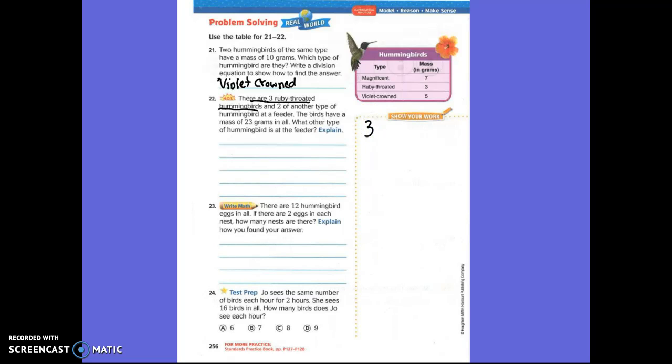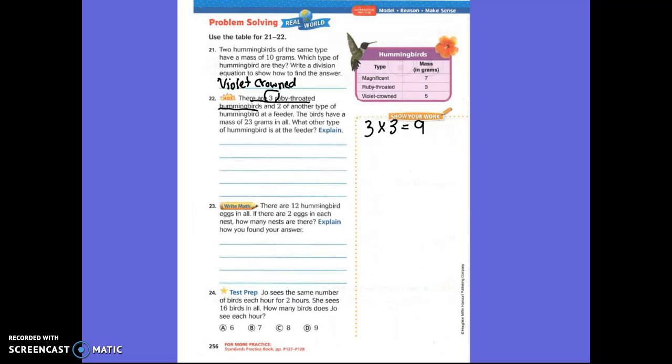Okay, are we going to have disagreement about this, or are we going to work? Okay. 3 ruby-throated hummingbirds. Each of those weigh how much? 3. So in all, how much do those 3 hummingbirds weigh, guys? 9.